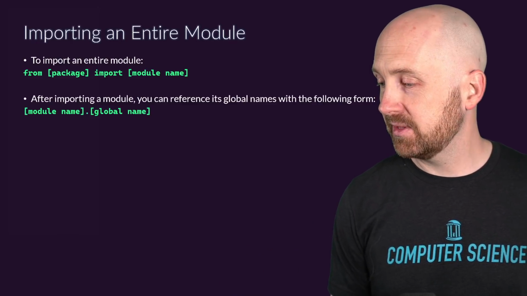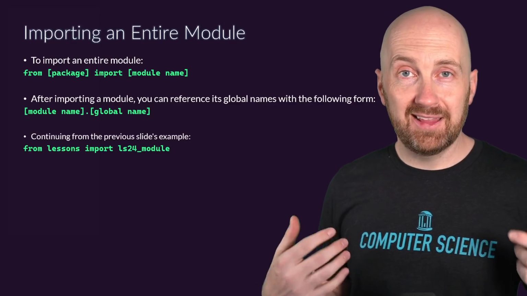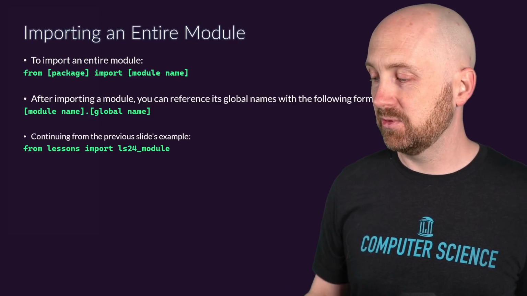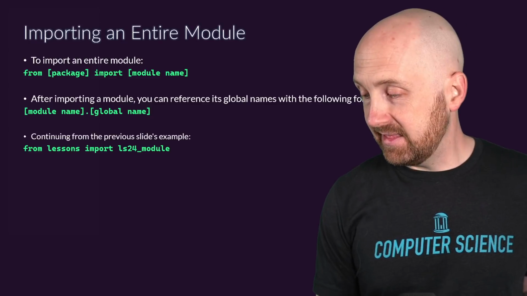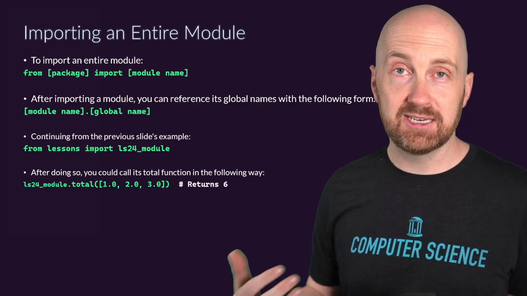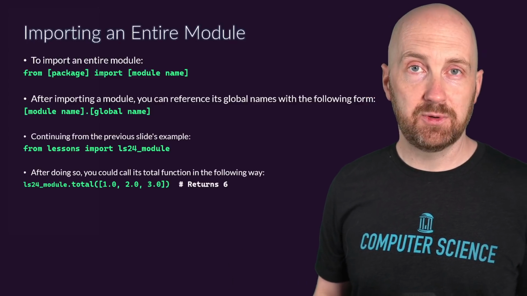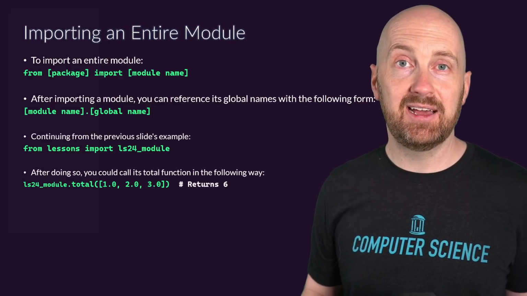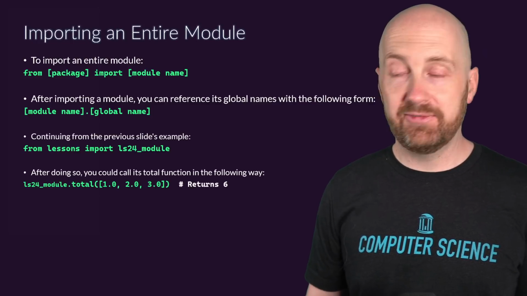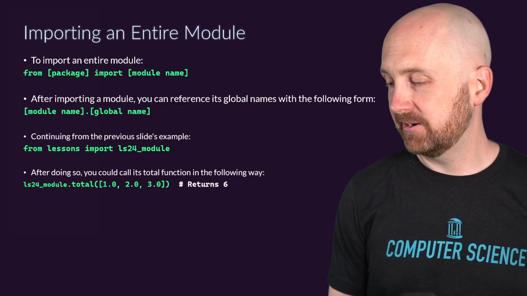So for example, what we've been seeing here, from the lessons package, we might be able to import the entire module, ls24_module. And then if we wanted to use, say, the total function, after we've imported the entire module in this way, we would use the module's name first, so ls24_module dot, and that dot is saying, okay, look inside this module and look for one of its globally defined names, in this case total, and make use of that function as you're seeing here.